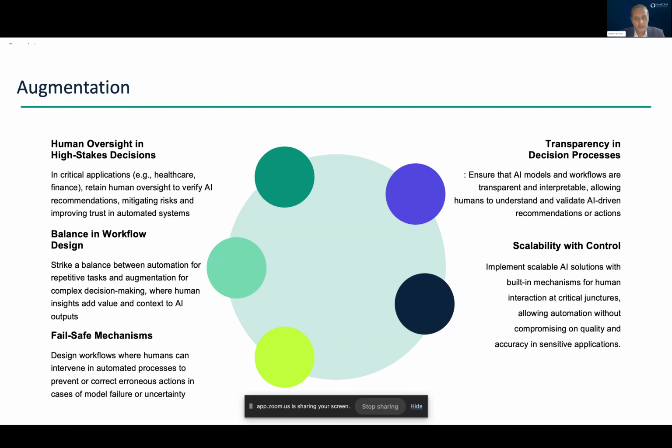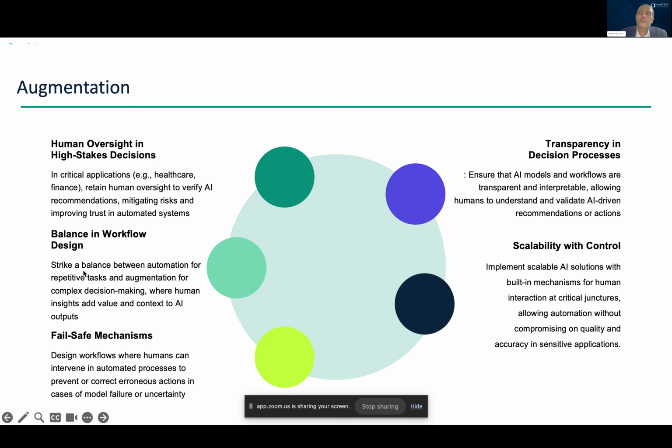A simple example: a clinical study report that we can easily generate today using an LLM and the aided technologies around it. But whether that clinical study report is sufficient to be submitted to the FDA is not a decision that an LLM can make today, right? We are not there yet. So what I'm alluding to is, while you can achieve most of the automation and human-like responses from LLMs, we should always have human oversight wherever there are high-stake decisions, right?